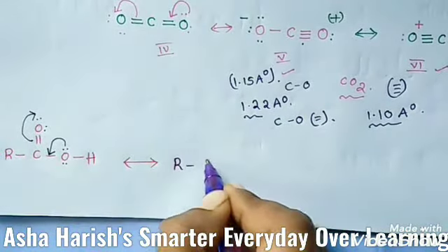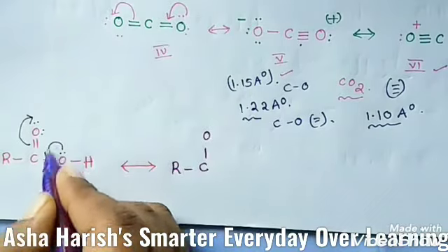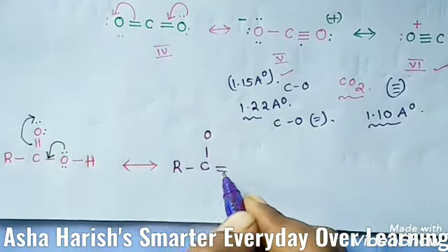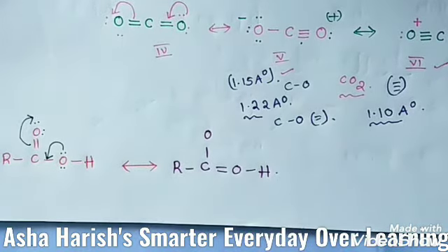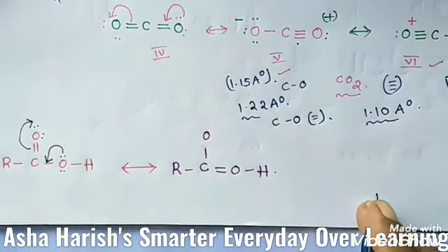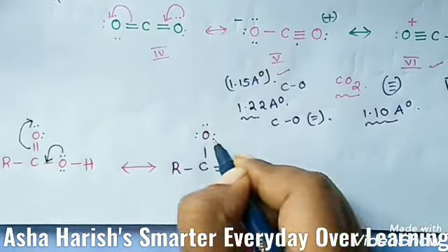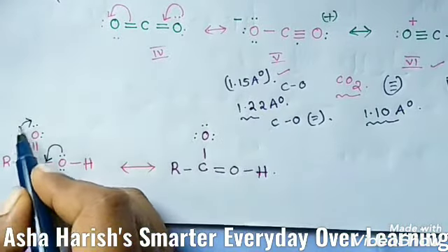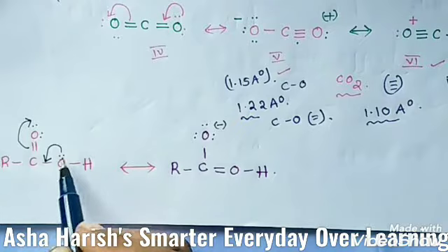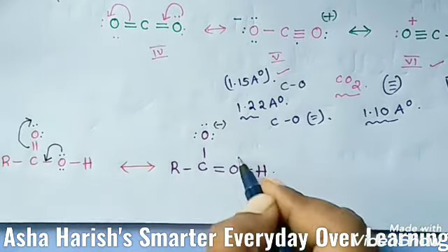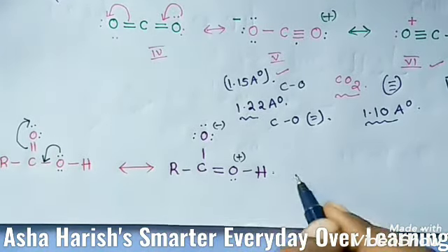Here R C single bond O, and with the shifting of these electrons, a double bond should come to O and hydrogen here. And what about the lone pairs of electrons? Here one pair, a second pair, and a third pair also, but shifting of these electrons like this means a negative ion should be formed here, and because of this shifting, a positive ion should come here.